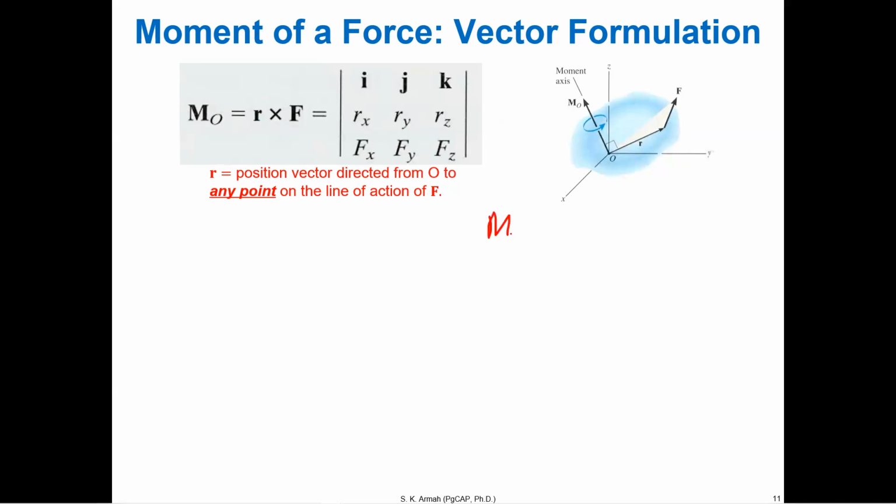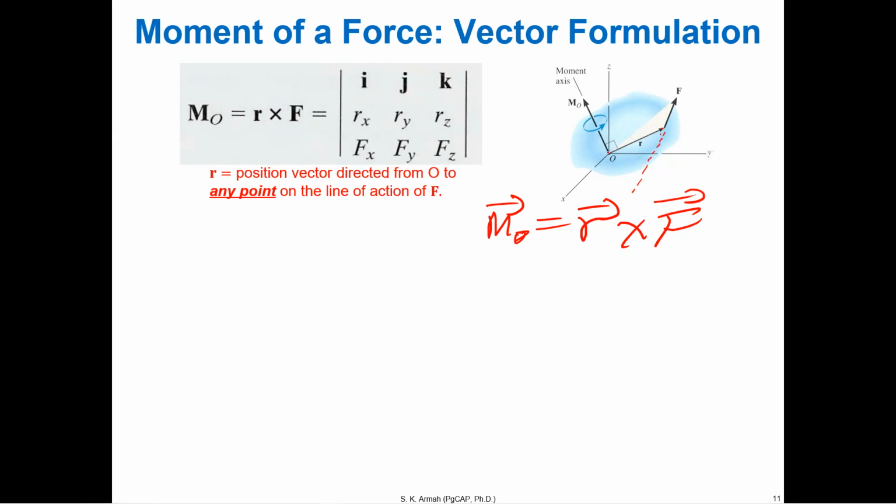Moment vector, vectorial 3D about this, is given by what we call R cross F. So moment of a force in 3D is R cross F. We know what F is. R is the point that you are taking the moment. In this case, you can take from A. You go from that point to anywhere on the line of action.